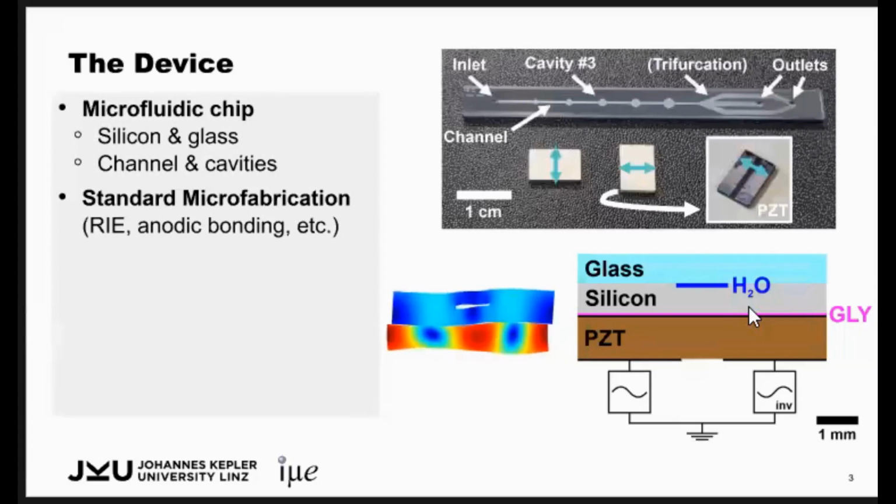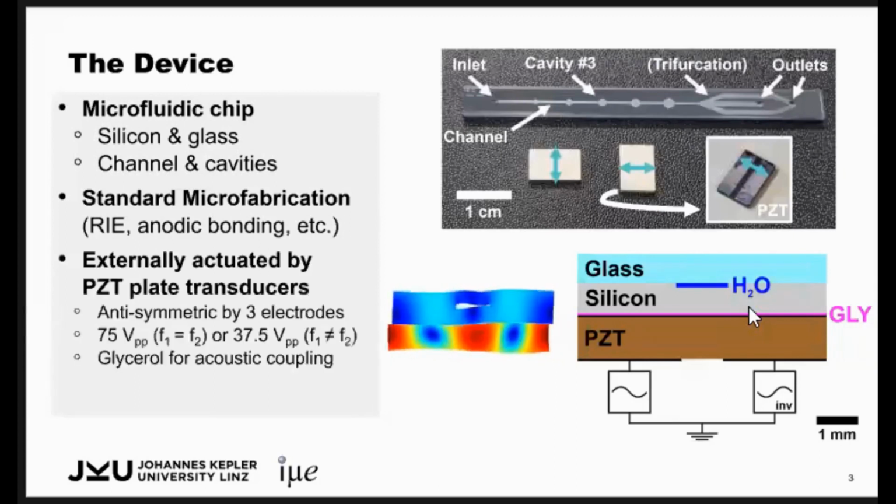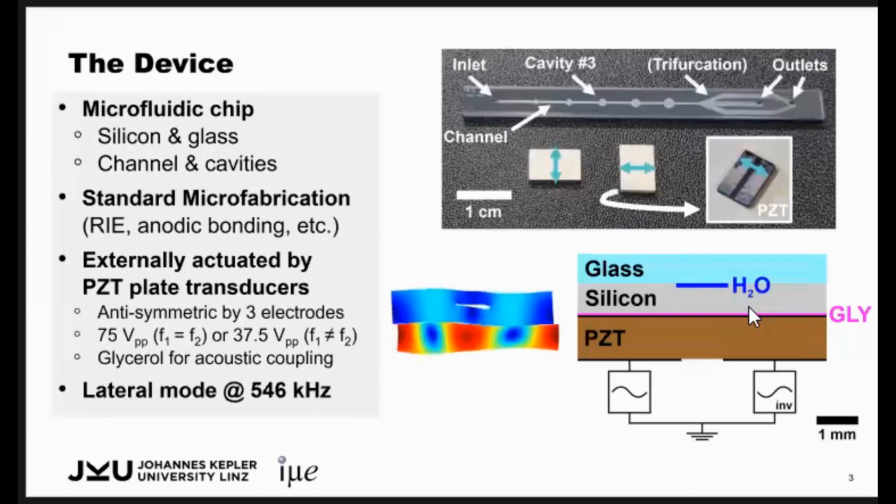Yeah, at 540 kilohertz, we actuate the chip with also the piezo with a lateral mode. So it looks like this, it is not a thickness mode, it's a lateral mode. But the polarization is in this direction of the piezo. Okay, so the idea of this design was to have, when we hit the eigenfrequency of a cavity, then particles will be trapped there.